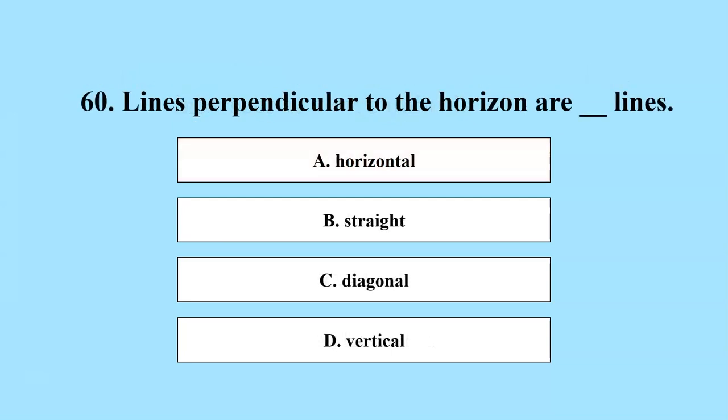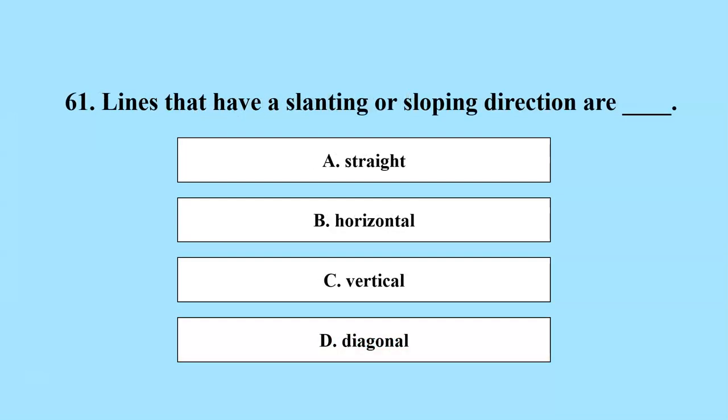Lines perpendicular to the horizon are blank lines. Horizontal, straight, diagonal, vertical. If you chose D, vertical, you are correct. Lines that have a slanting or sloping direction are straight, horizontal, vertical, diagonal.